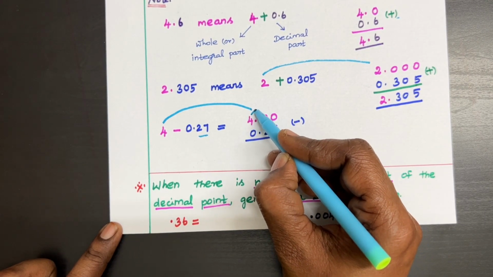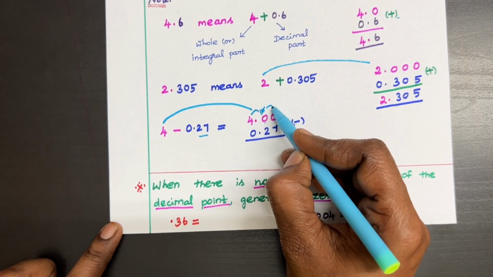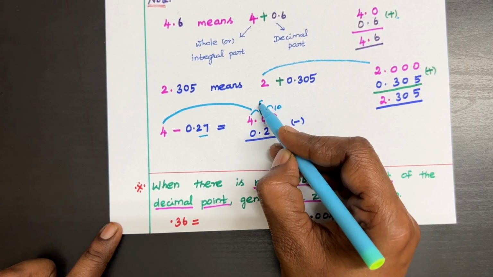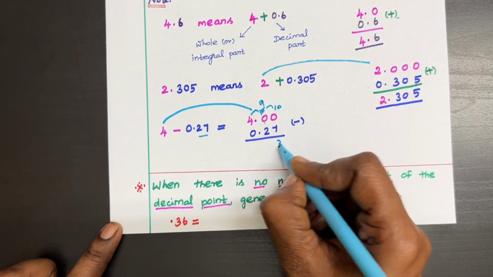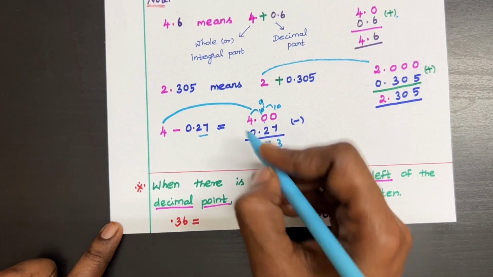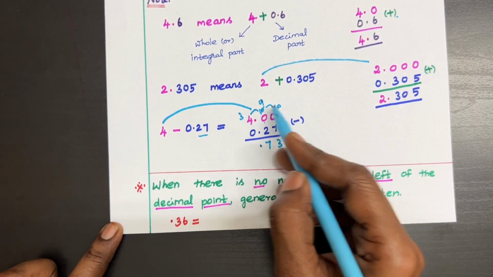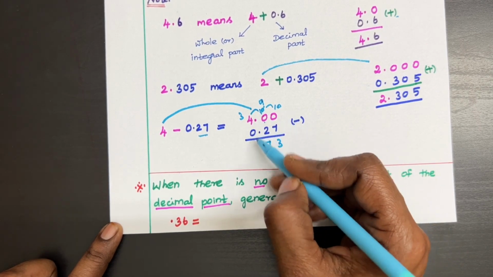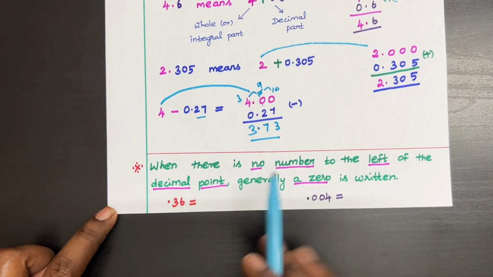It will give 1 here, so it becomes 10. Now it will give 1 here, it becomes 10 and this becomes 9. Now 10 minus 7 is 3. 9 minus 2 is 7. This becomes 3 because it gave 1 to the decimal part. So 3.73 is the answer.